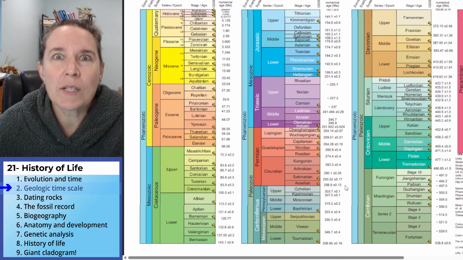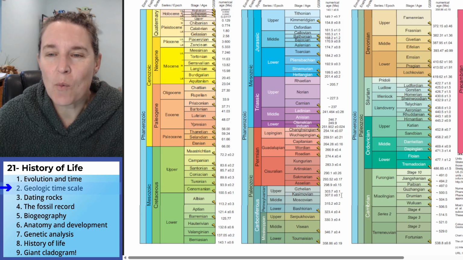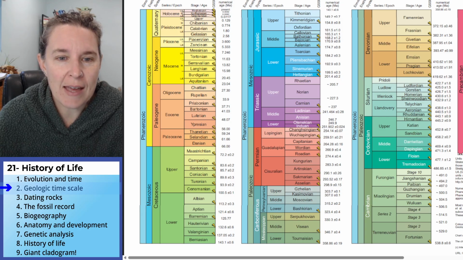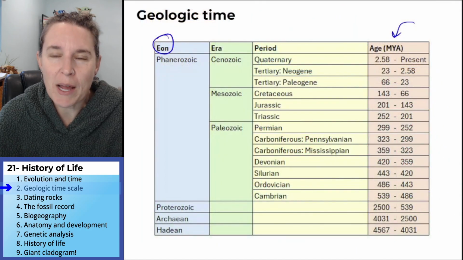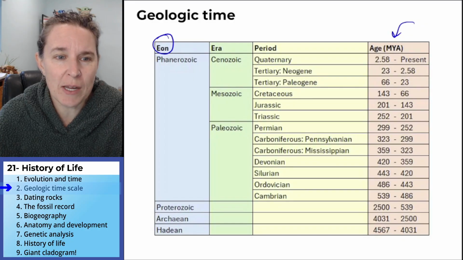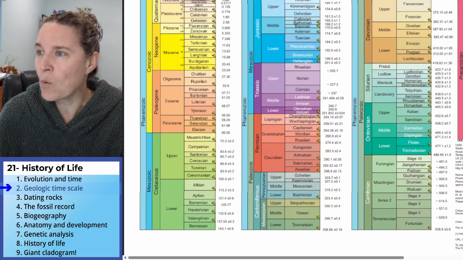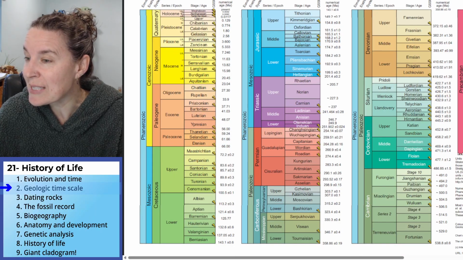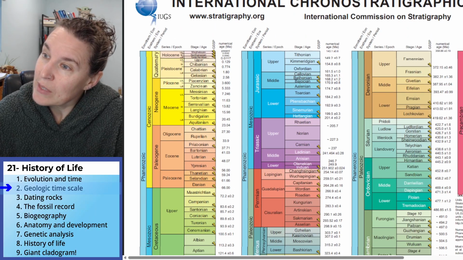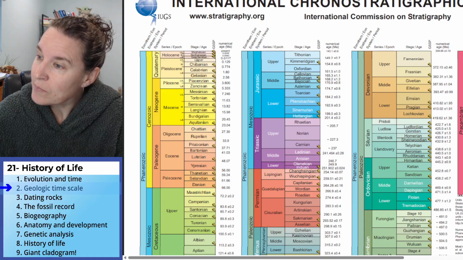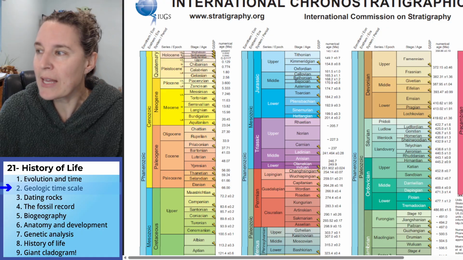And the only reason why I'm showing you this is because I want you to know that this is generous. You might look at that and be like, oh my God, how am I going to remember all that? Or how am I going to interact with all that? It could be this that we are interacting with, and we're not going to. But look, you can see the eons, the Phanerozoic, they match.